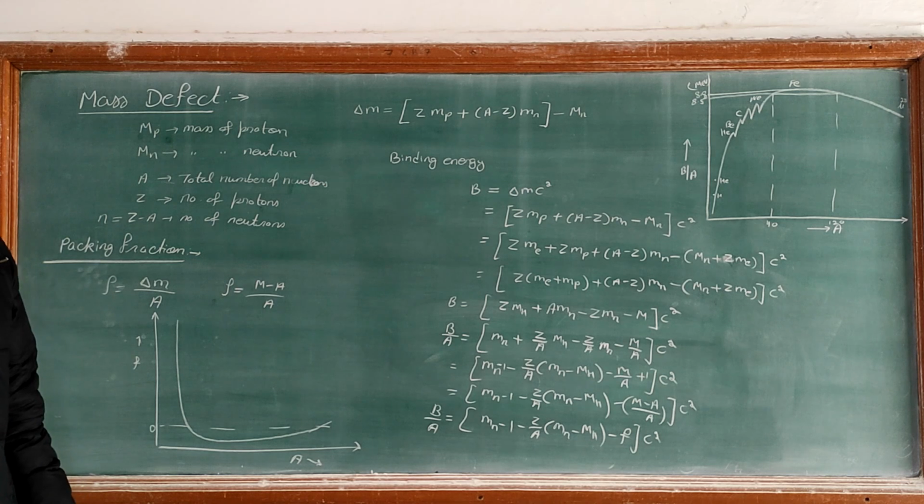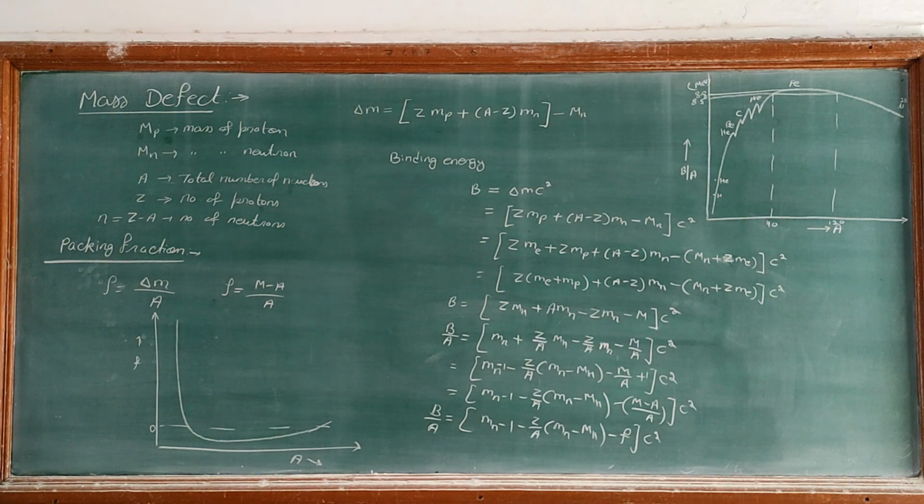So this curve indicates that the lighter nuclei have small binding energy per nucleon, and heavier nuclei have small binding energy per nucleon. That means light and heavy nuclei are less stable than the middle ones.